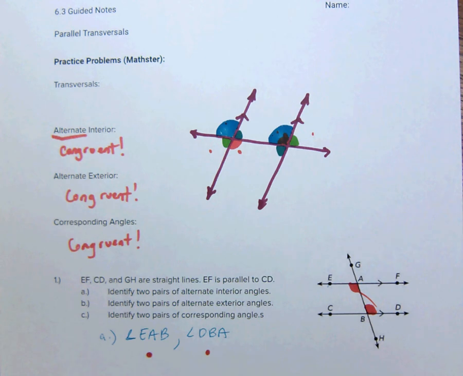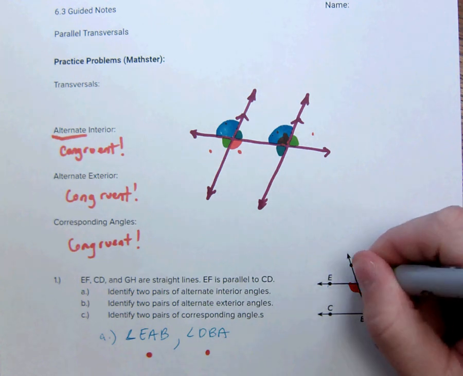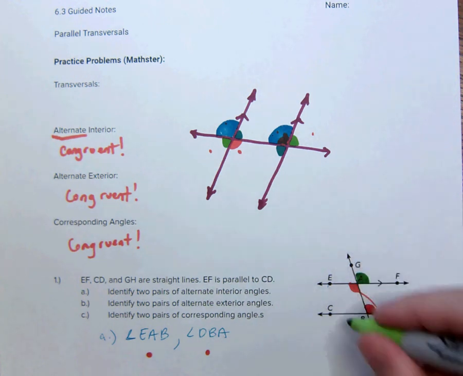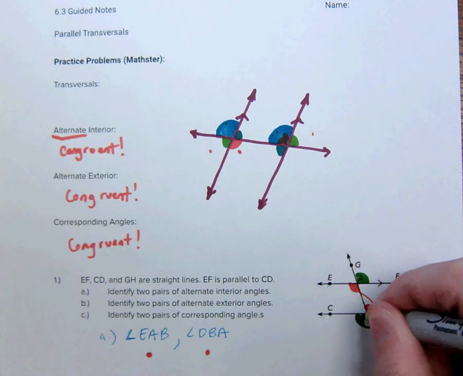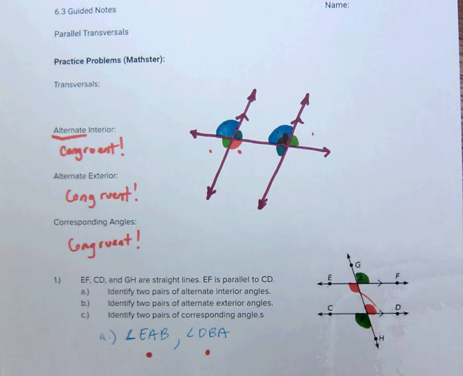Identify a pair of alternate exterior angles. Let's do green again. If I pick this one right here, the exterior one is going to be right there. They are on opposite sides of the outside.